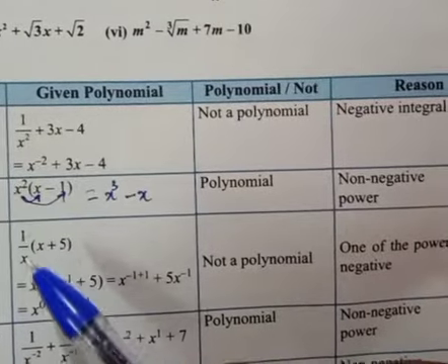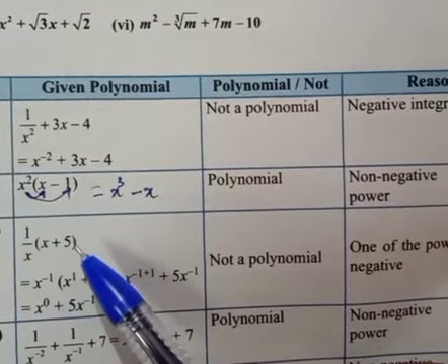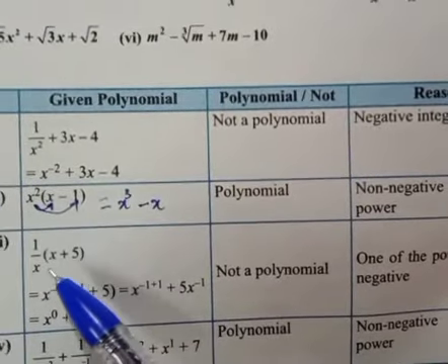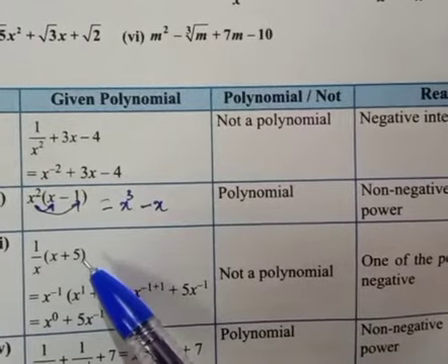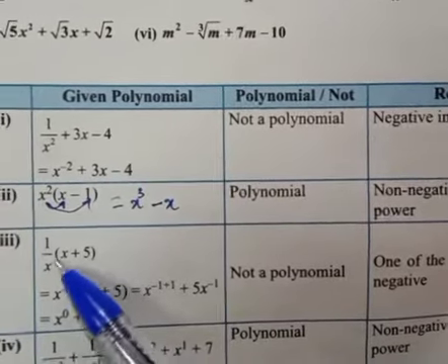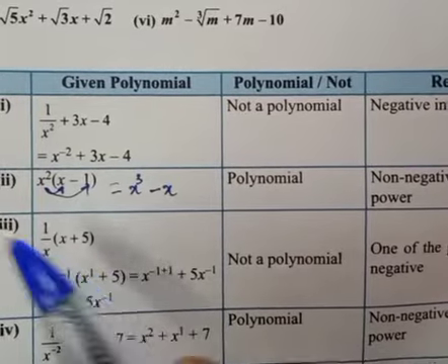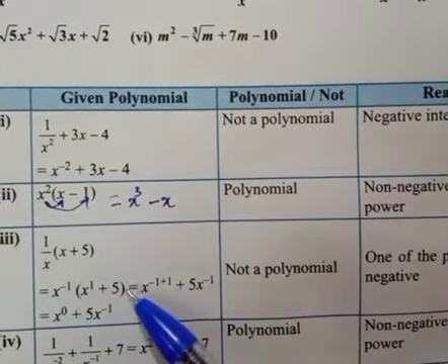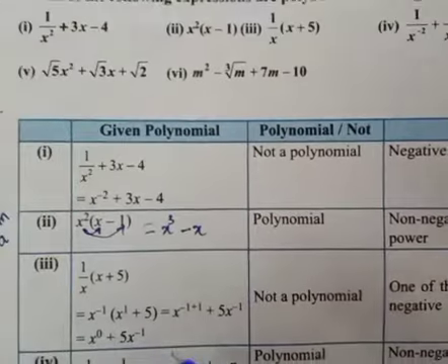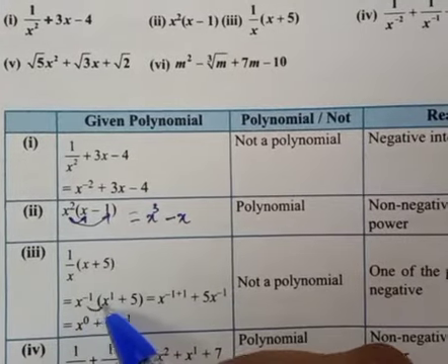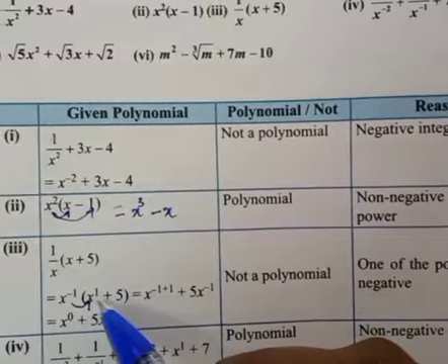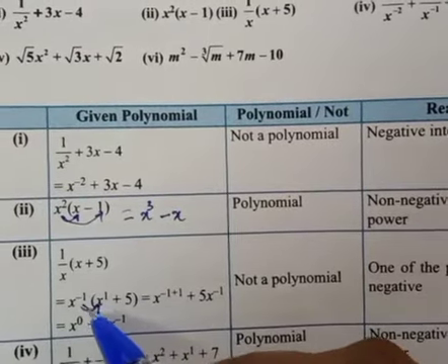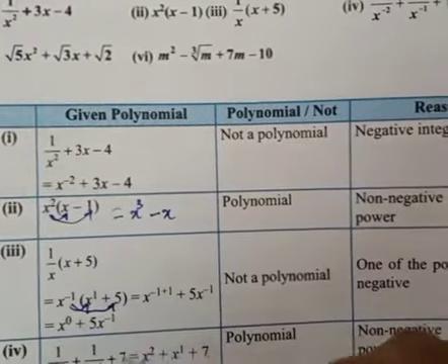Third question, 1 by x into x plus 5. So you have to rearrange this given polynomial. So 1 by x is written as x power minus 1. So you have to apply this formula into x power 1 plus 5. Okay. You have to multiply these two, x power 1 into x power minus 1 plus x power 1 into 5.